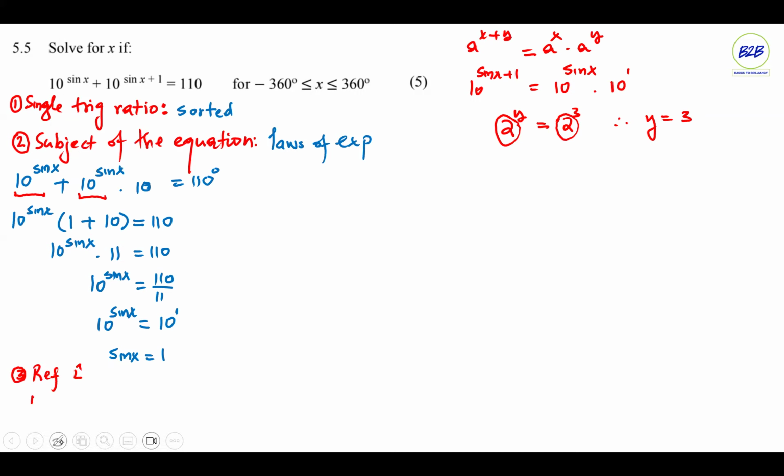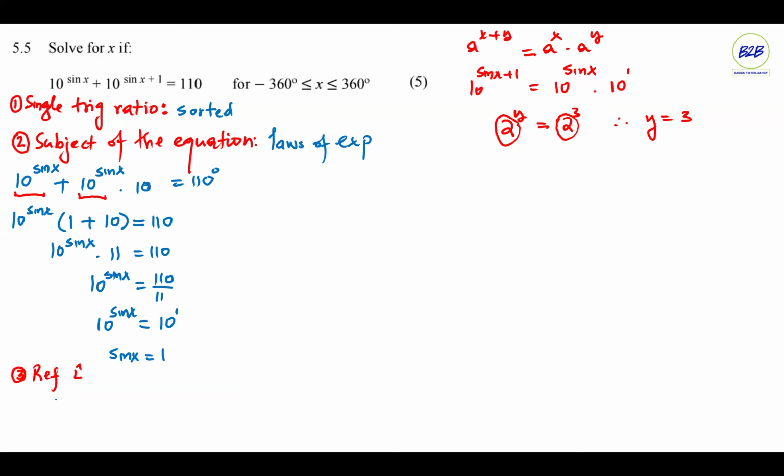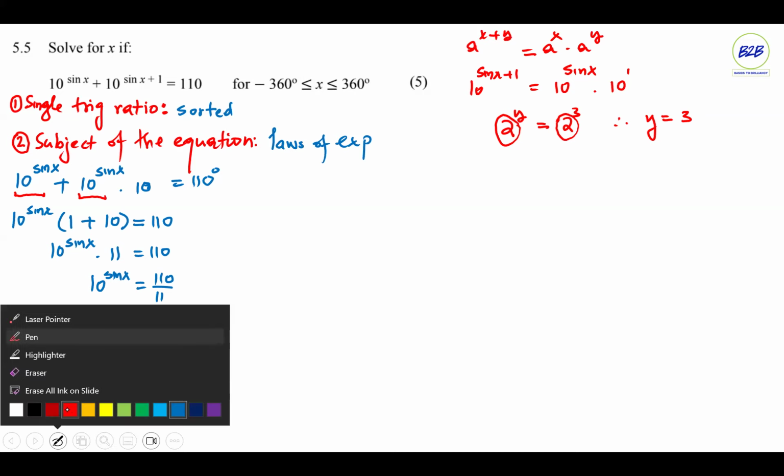In this case, our reference angle will be shift sine, the inverse of sine, and then substitute 1, and then we get 90 degrees. Right? And that is how it goes.